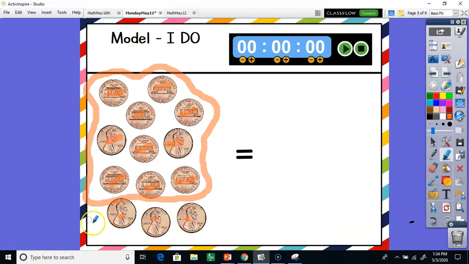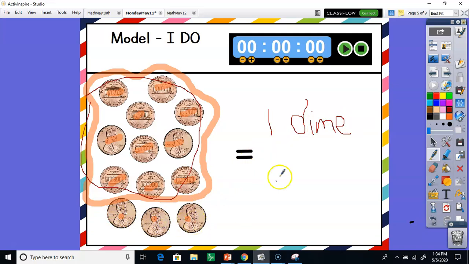So this group of coins is equal to 1 dime, because I'm going to trade these 10 pennies for a dime. They're equal to 1 dime and 1, 2, 3 pennies left over. So if I have 1 dime and 3 pennies, I have 13 cents.